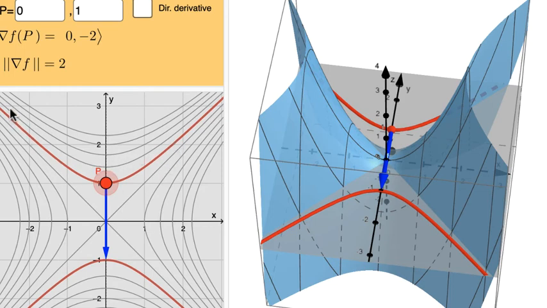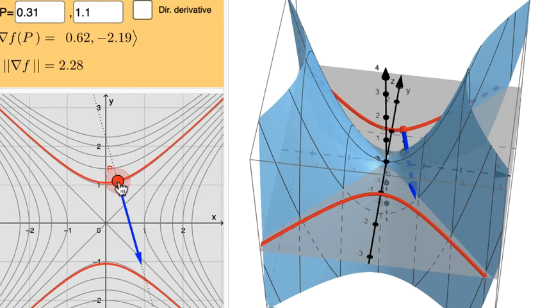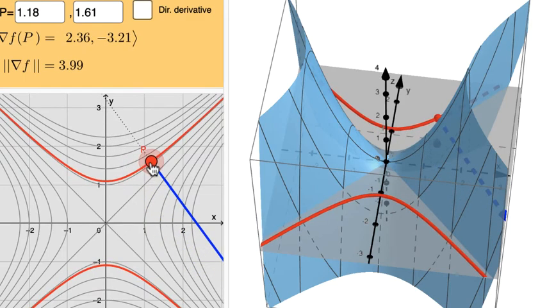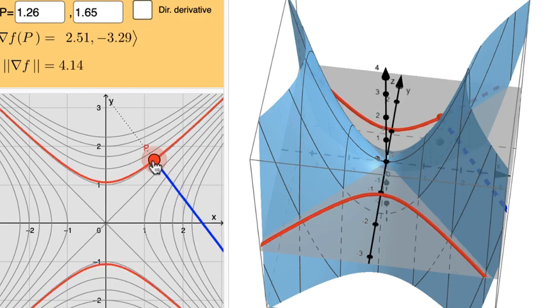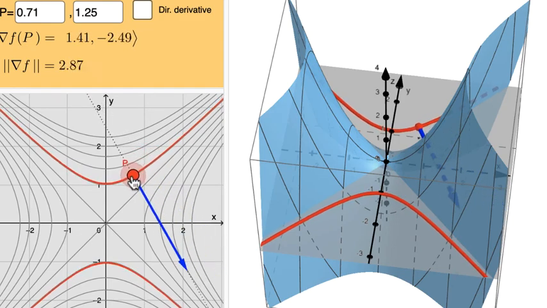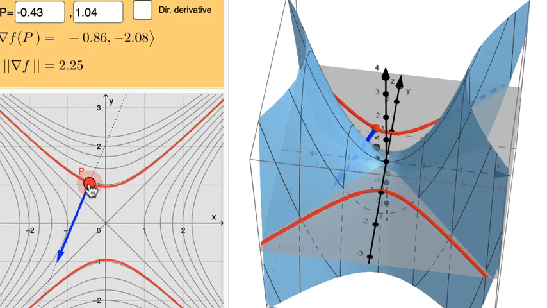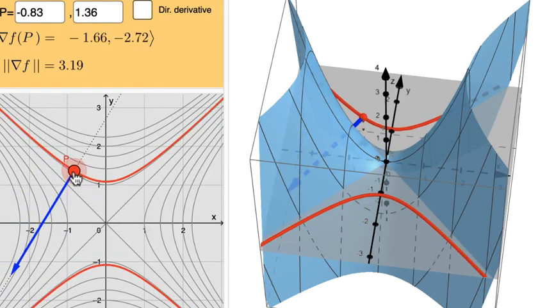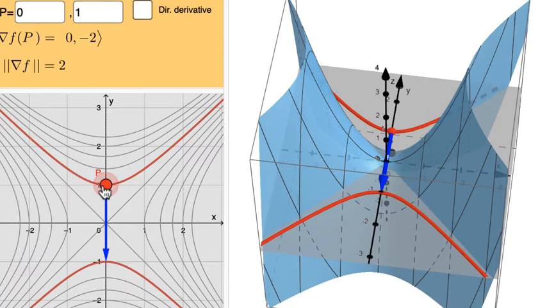And now, for example, I'm choosing this red curve, and the first thing to notice is that the gradient is being represented by this blue vector, and if I were able to move nicely along this red curve, along this specific level curve, you would see that the blue vector is always perpendicular to my motion along this curve. In other words, the gradient is orthogonal to the tangent vectors to the level curves. So this is the first thing that you can realize.